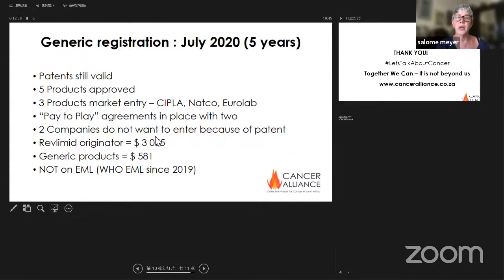Again, that is where the issue is: where is health technology assessment? Should we not be able to actually implement something like that?